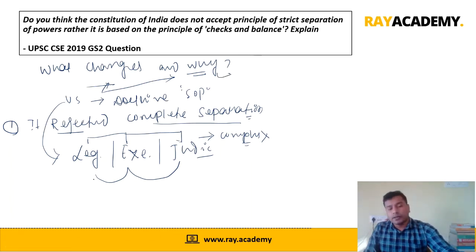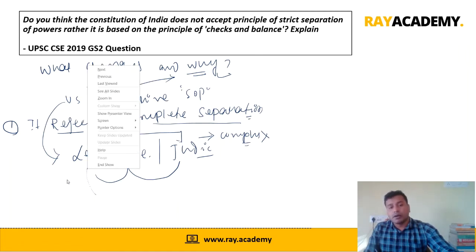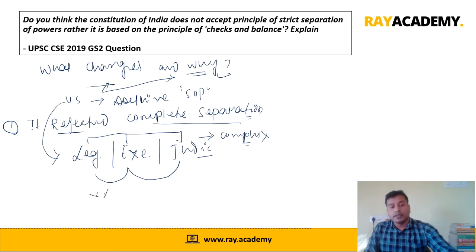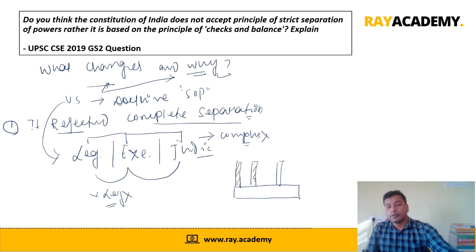The reason is, let's say, because of some reason one wing of the government, let's say the legislature, is not functioning well. Then what will happen? The legislature, executive, and judiciary are like pillars on which the entire country is standing.